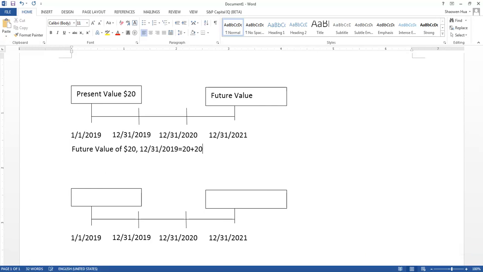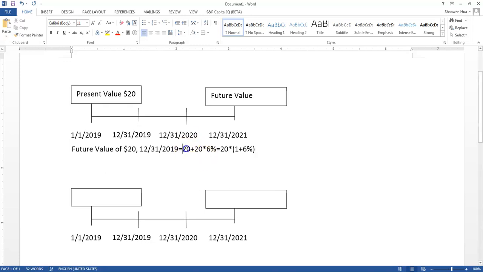The interest is the interest rate, 6%, so it can be rewritten as 1 plus 6%.